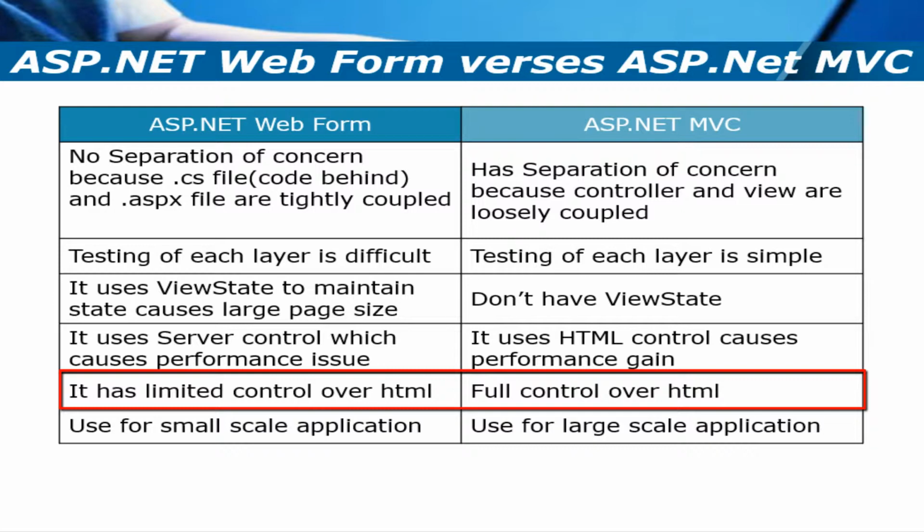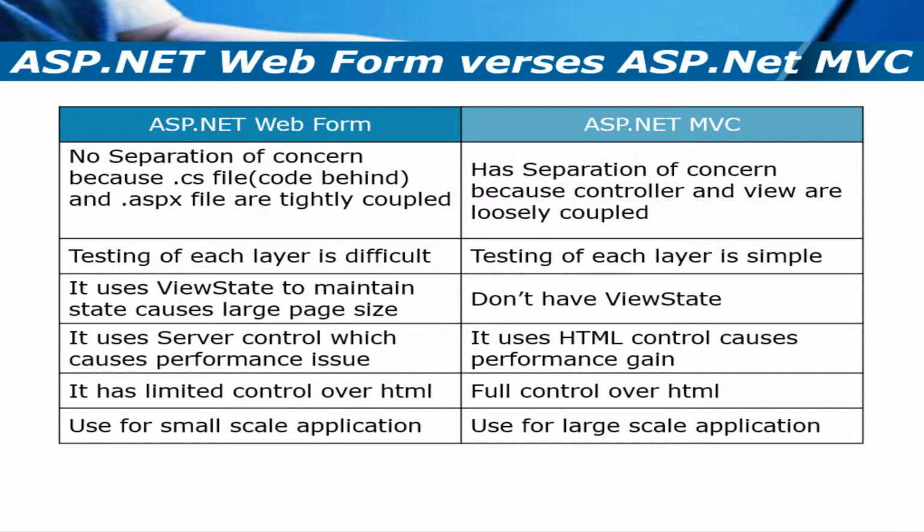That will come in a next lecture. Final thing is ASP.NET Web Form is used for small scale applications and MVC is used for large scale applications. So depending upon your requirement, we go for either ASP.NET Web Form or ASP.NET MVC.